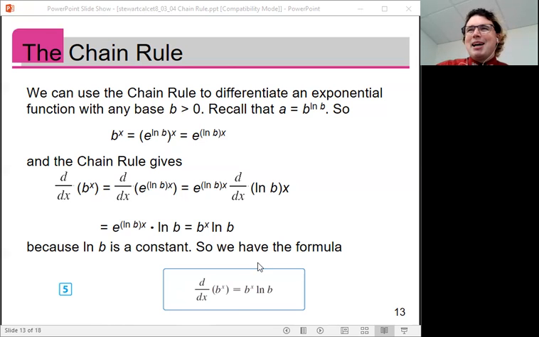Now this is my derivative rule for any exponential function. The d on dx of b to the power x is b to the power x times the log of b, the natural log, that is. So this will be true so long as b is any positive constant.